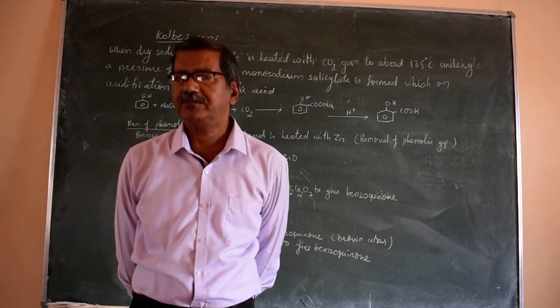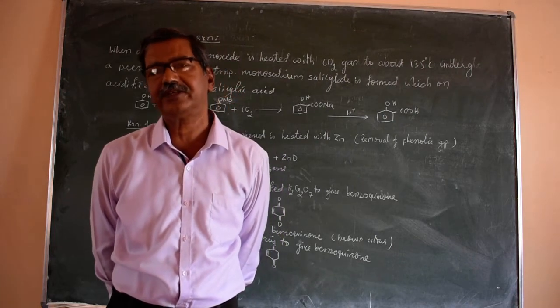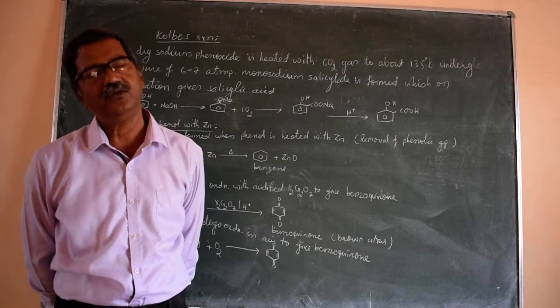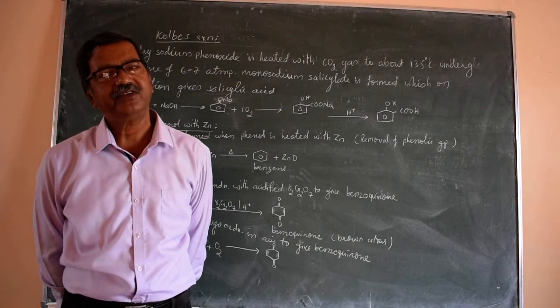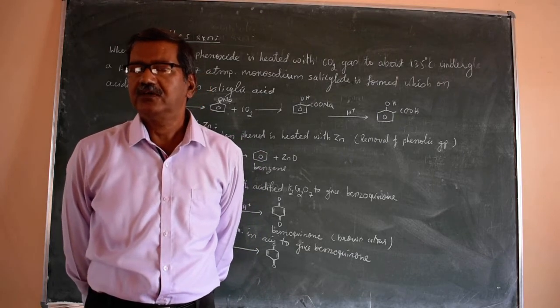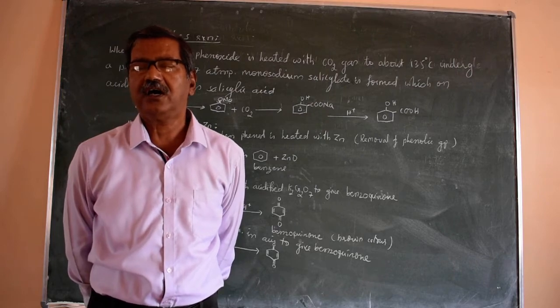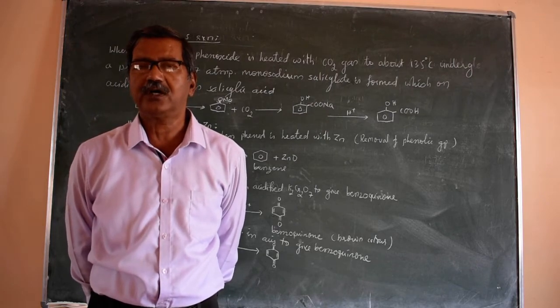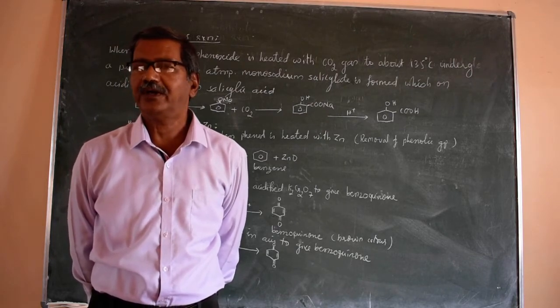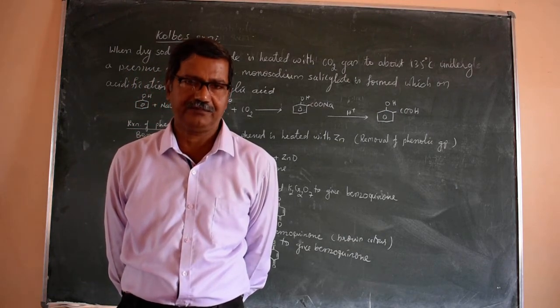If an aqueous medium is used, for example bromine water, then you get a white precipitate of 2,4,6-tribromophenol, and it is one of the tests for phenol. Next, if you use bromine in carbon disulfide or carbon tetrachloride, a non-polar solvent, then you get ortho-bromophenol and para-bromophenol.